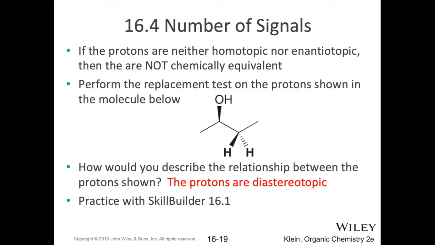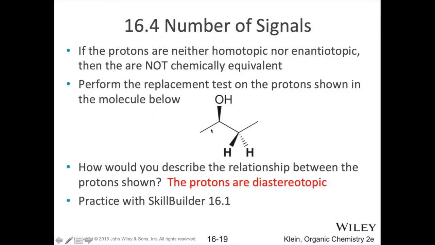Okay, so if you've come back after trying that out, hopefully you've realized that they are not identical. They're not homotopic, they're not enantiotopic, they are diastereotopic, which means that they would give two different signals. If you're having trouble seeing that, the thing to realize here is that this chiral carbon, this alcohol group, is locked onto one side, right?